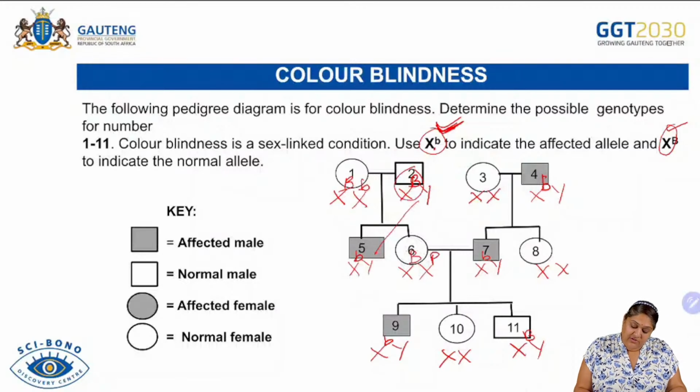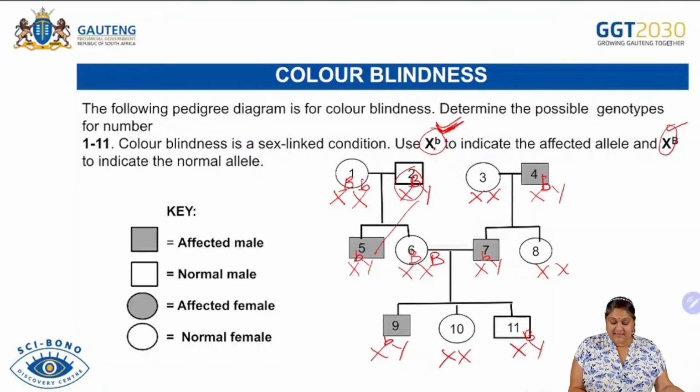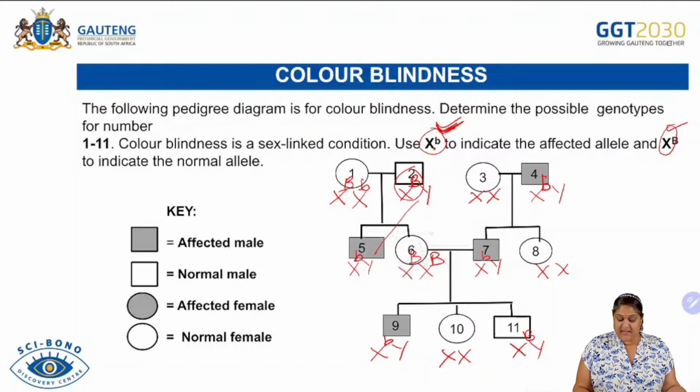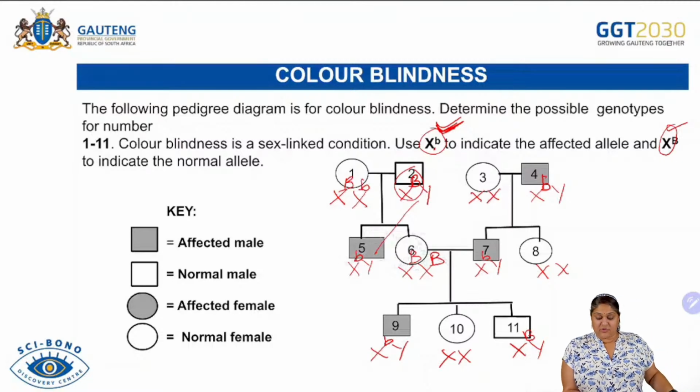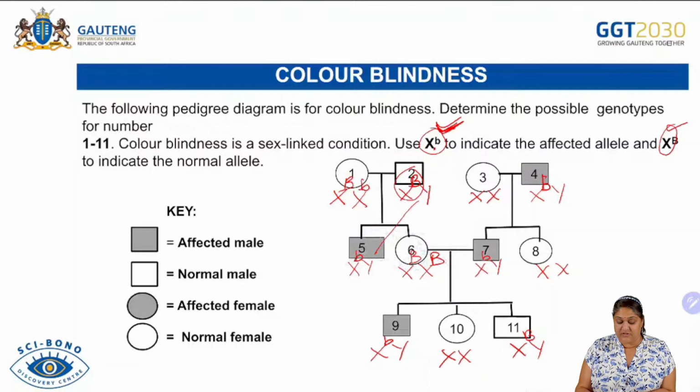And the other one also has to be a capital B, because this one got one capital B, yes. But it can either get another capital B from the mother, and then yes, it got another capital B from the mother because the son got that one. But it could also get a small letter b. It would still be unaffected. So that's how you work them out.